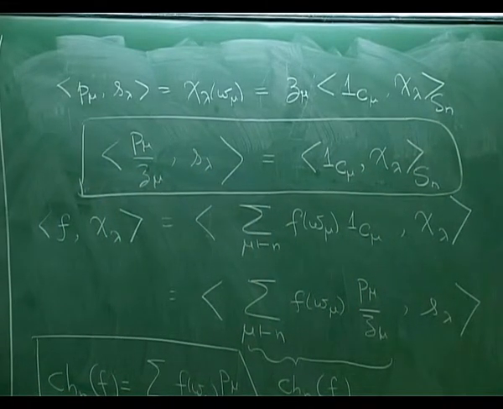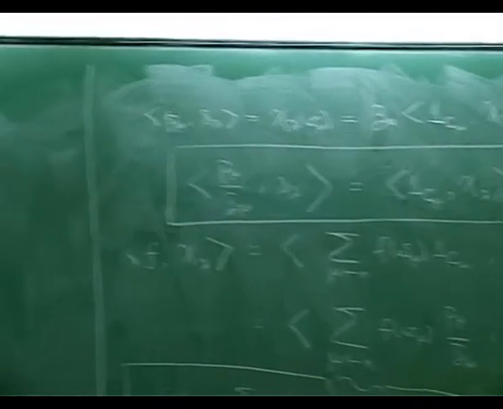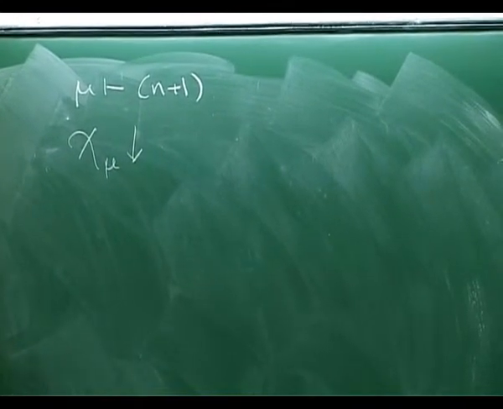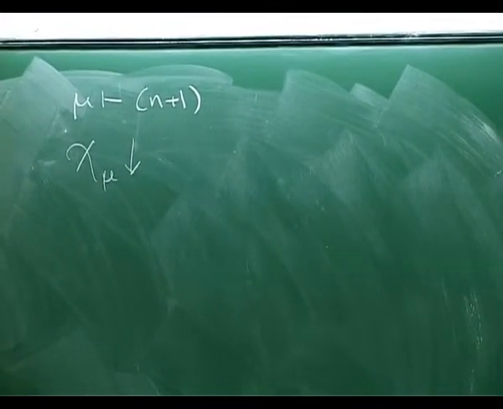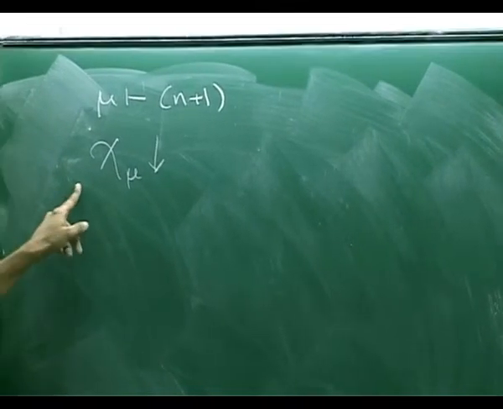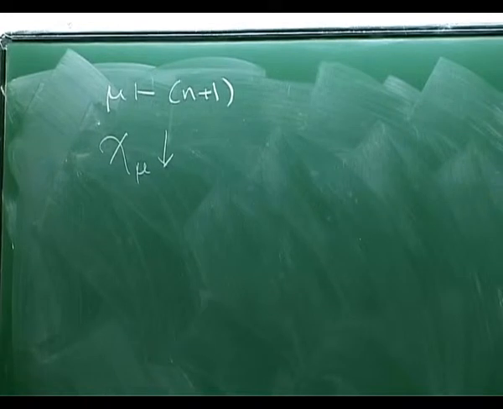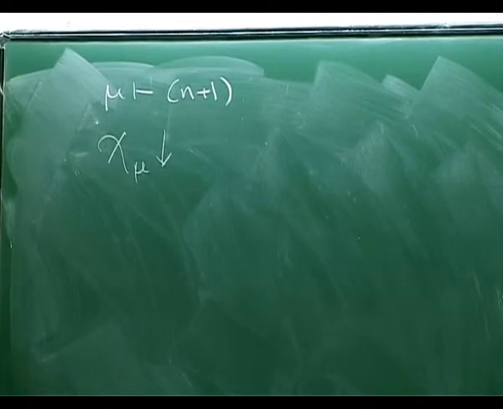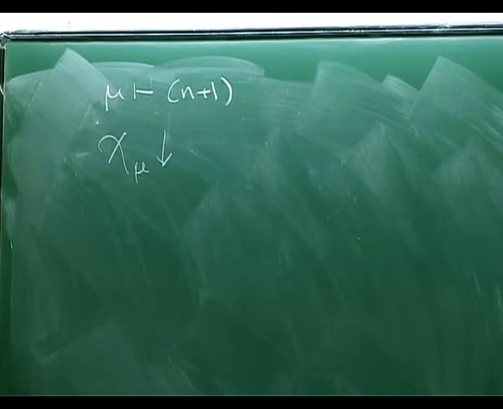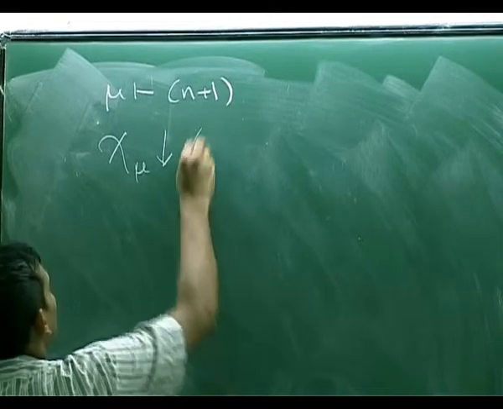Okay, coming back to what I was saying, let's start with a partition of n plus 1. Look at its irreducible character, and by putting this downward arrow, I mean that I'm going to restrict it to Sn. So this is an irreducible character of Sn plus 1. I'll restrict it to the subgroup Sn of Sn plus 1, which is the group which permutes the first n of the n plus 1 symbols. How do you compute that?